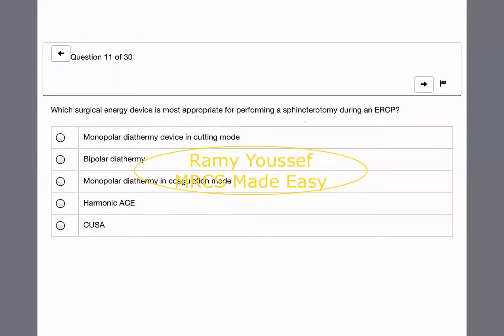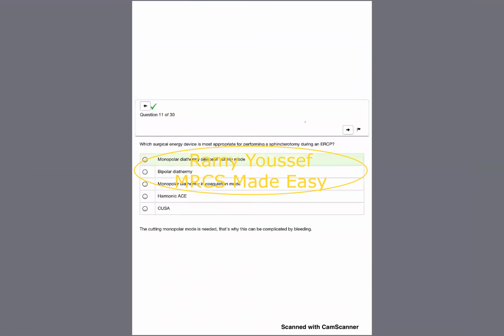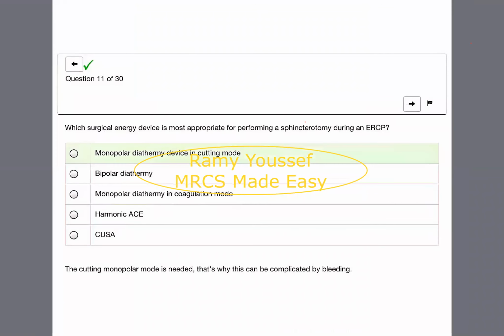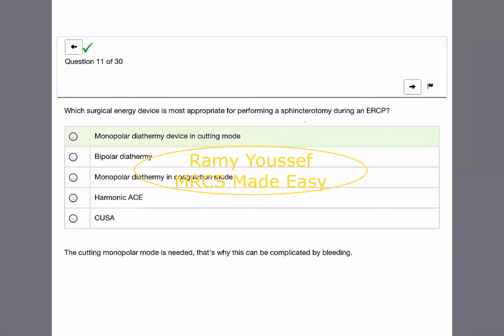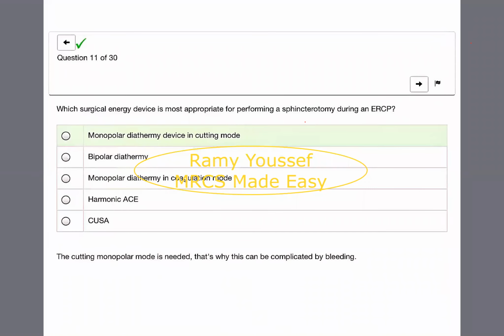The surgeon uses monopolar cut, which is why bleeding sometimes happens during sphincterotomy. Cutting monopolar mode is needed to relax the sphincter of Oddi. This sometimes makes an impacted stone get dislodged.